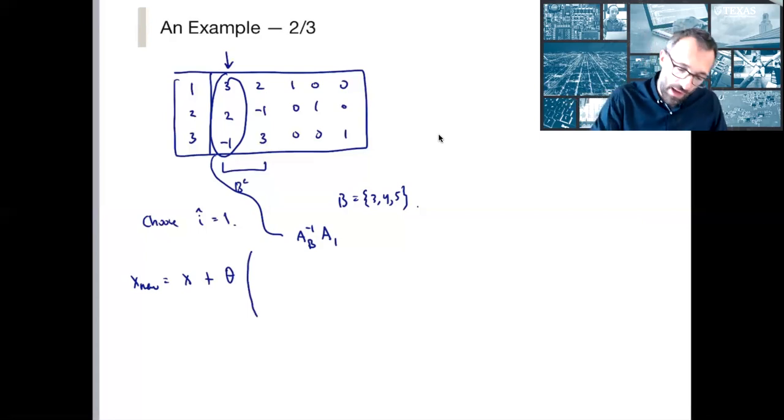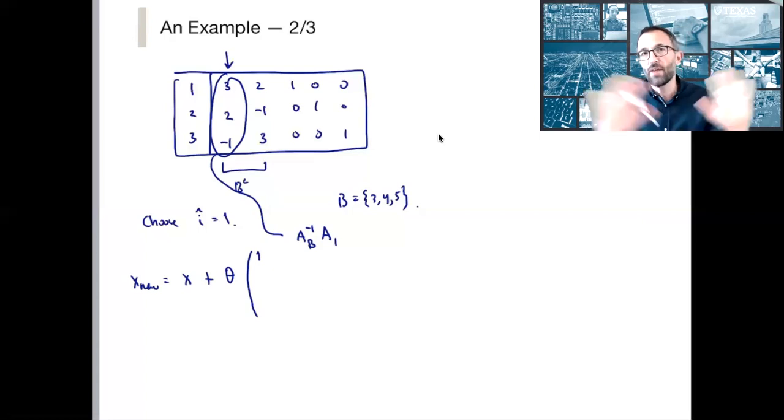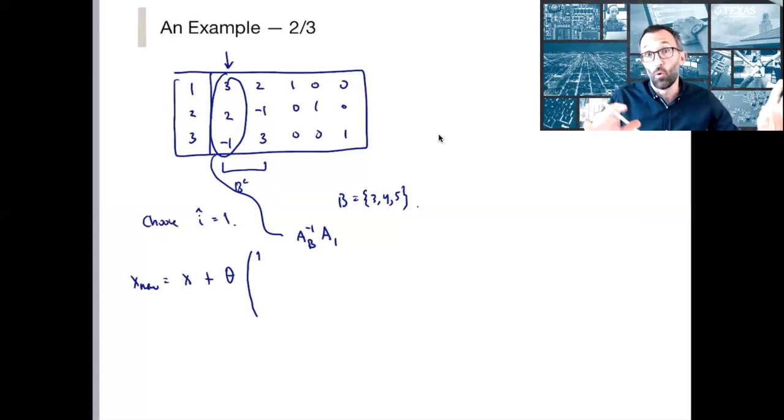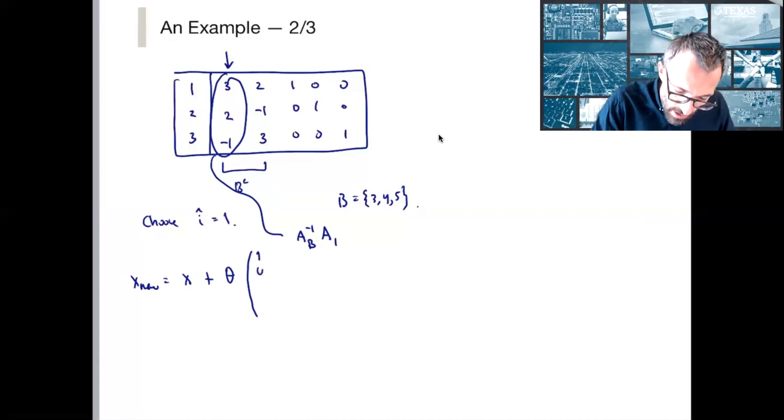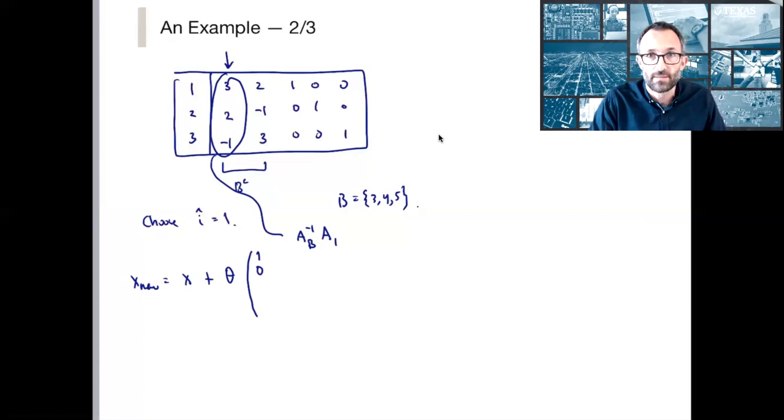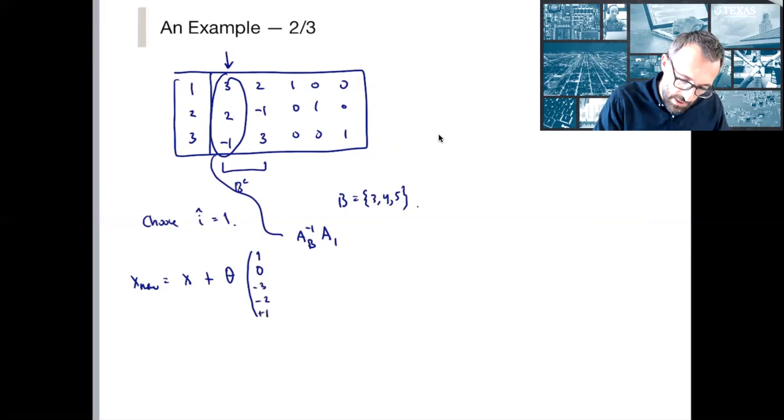What is d? I put a 1 in the i hat location, a 0 everywhere that's not B or i hat. In this case, there's only one such index, that's 2. And here I put minus A_B inverse A_i. And so I have here minus 3, minus 2, plus 1.